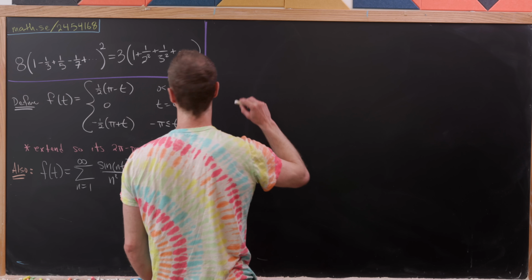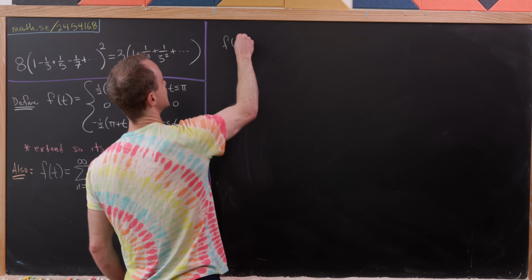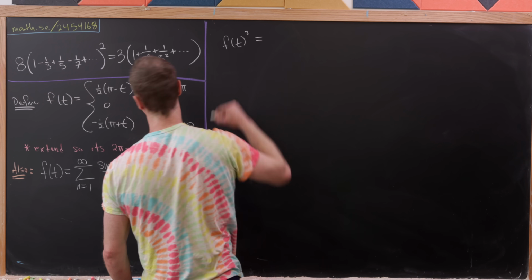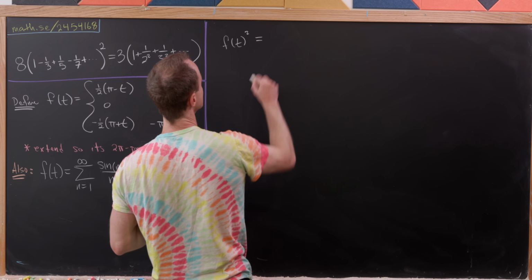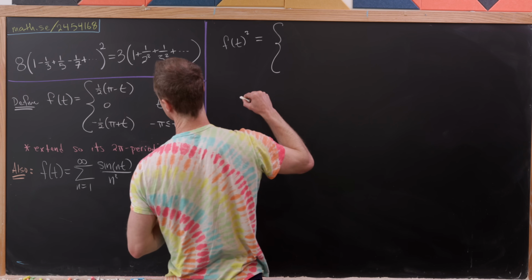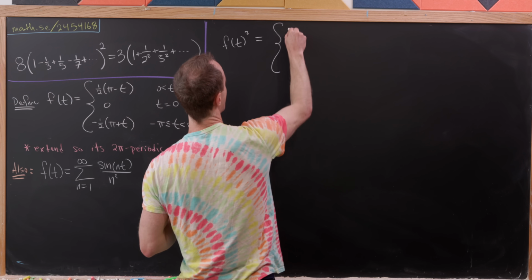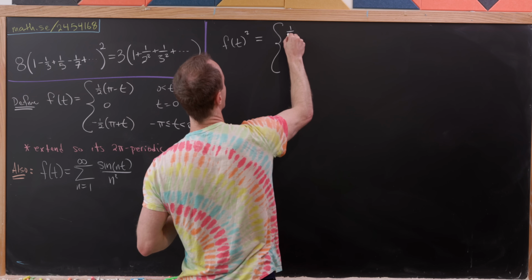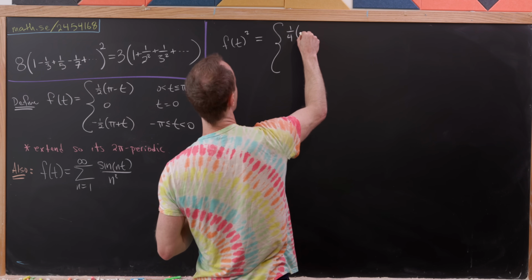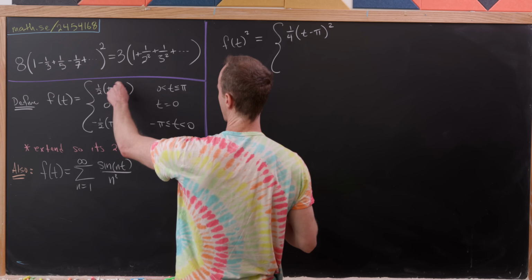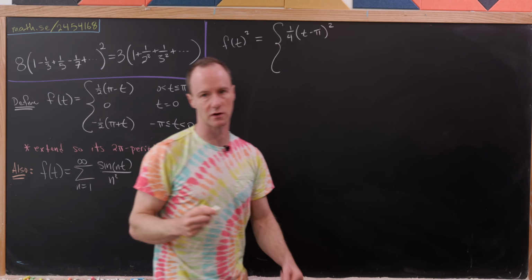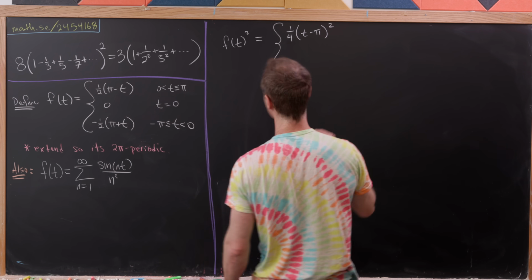So f of t squared on the one hand is going to be this object right here squared. We can write that out in its piecewise method as 1/4 times t minus pi quantity squared. I'll take the fact that we're squaring it to change the order of subtraction just so it's a little nicer.